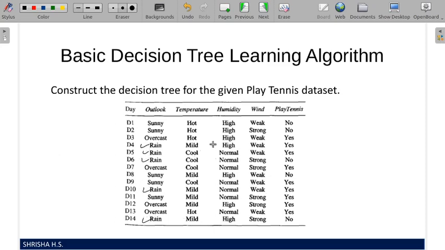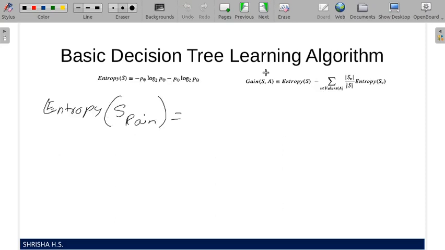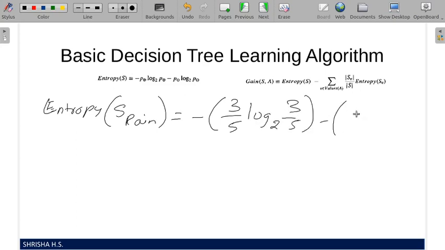In that we have 3 instances with a positive classification and 2 instances with a negative classification. So 3 positive and 2 negative. How to calculate? Out of 5, 3 are positive examples, and out of 5, 2 are negative examples.